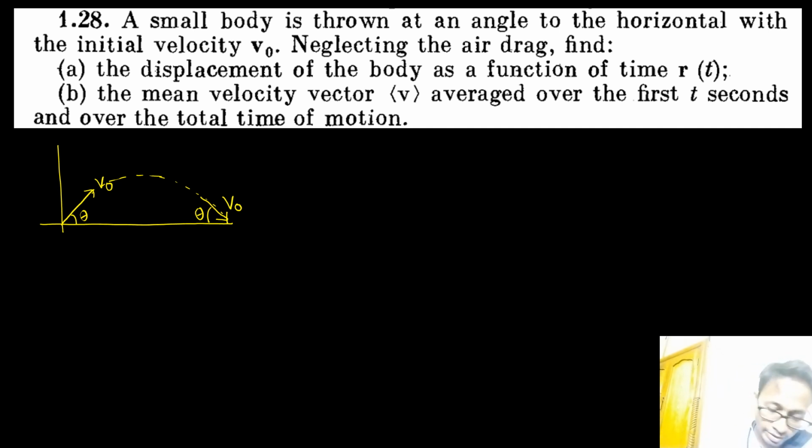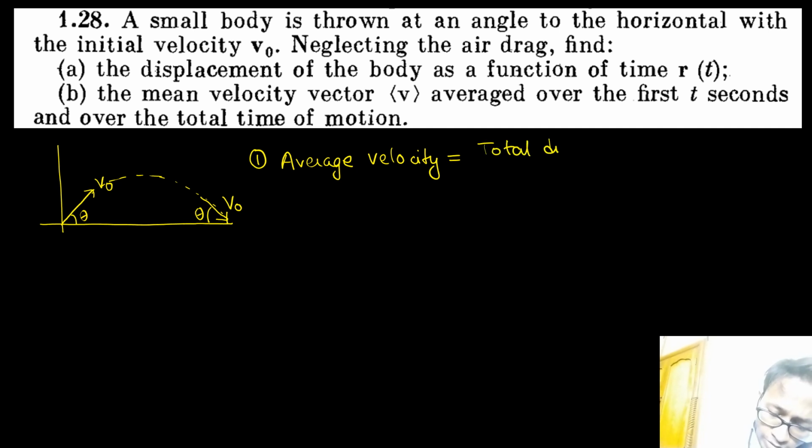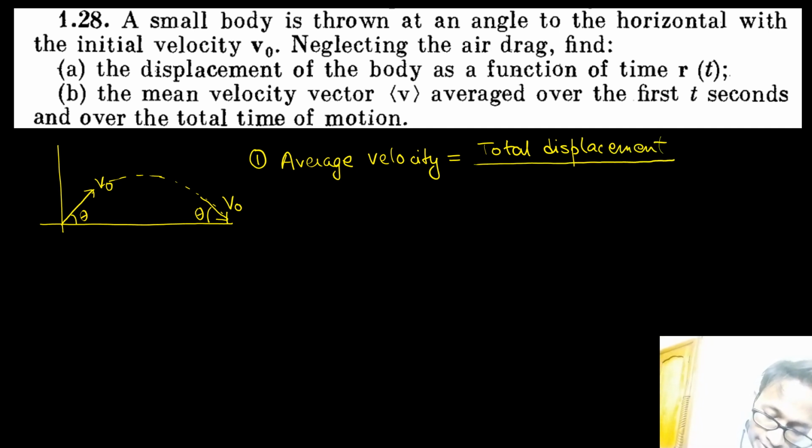So what is average velocity? Average velocity is nothing but total displacement divided by total time.